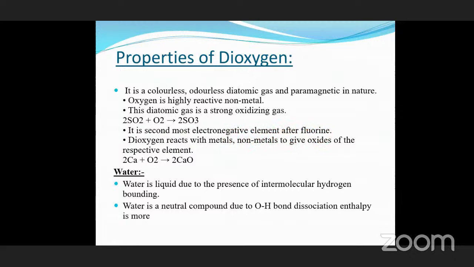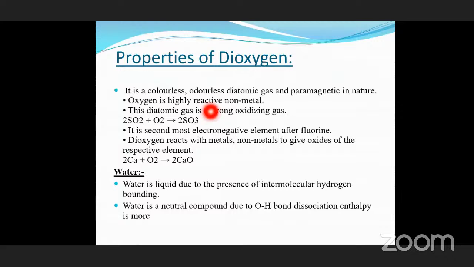Fluorine is the most electronegative element, and the second is oxygen, because fluorine has an electronegativity of 4.0 and oxygen approximately 3.5.